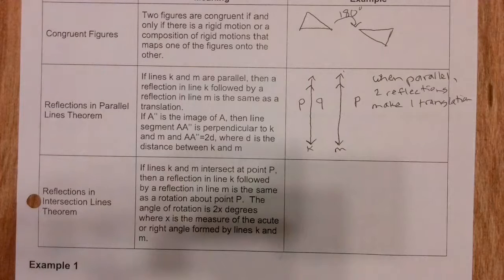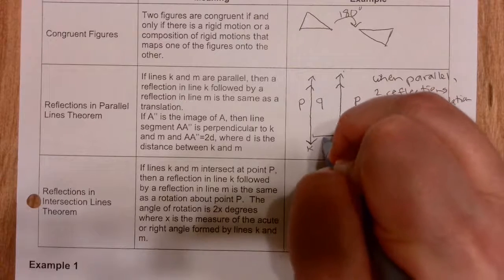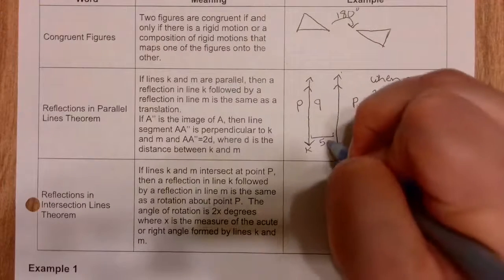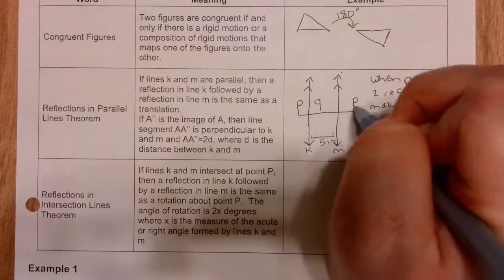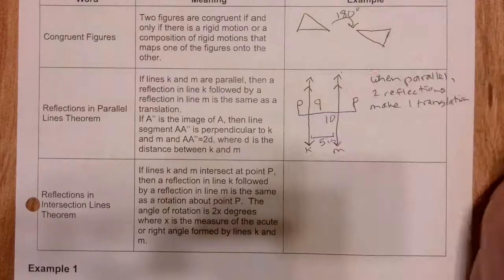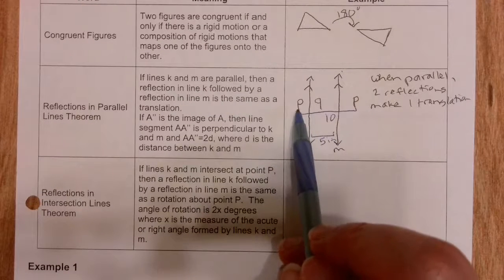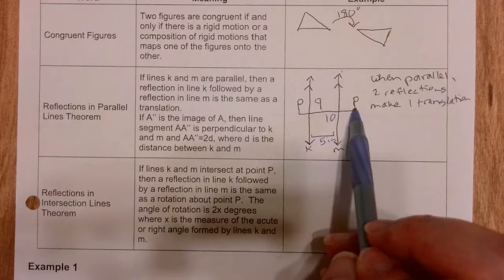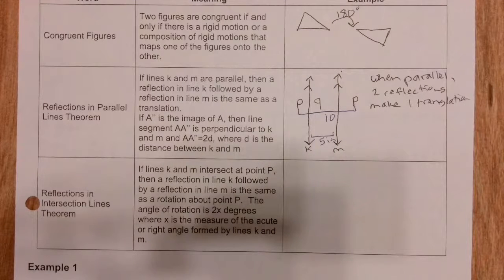So some other things to know. If this distance here is, say, 5, maybe 5 inches, the distance from the first P to the second P is 10. The distance from the pre-image to the last image is twice the distance in the middle.